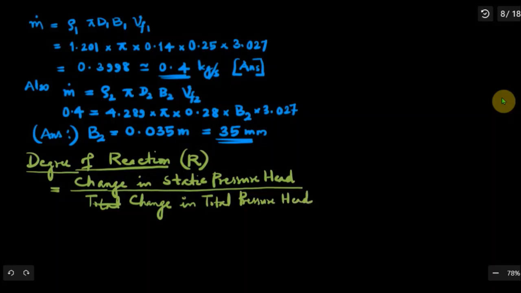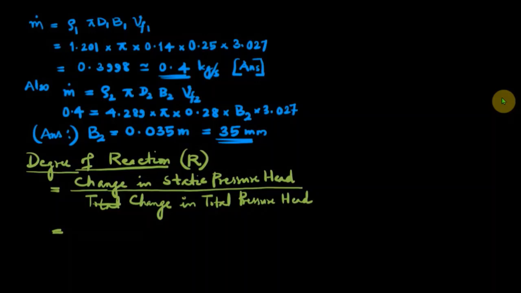So the change in static pressure head represents actually the energy conversion, and the change in total pressure head for a rotodynamic machine arises out of impulse action and reaction. So the change in total pressure head means the change in static pressure head as well as the change in dynamic pressure head.